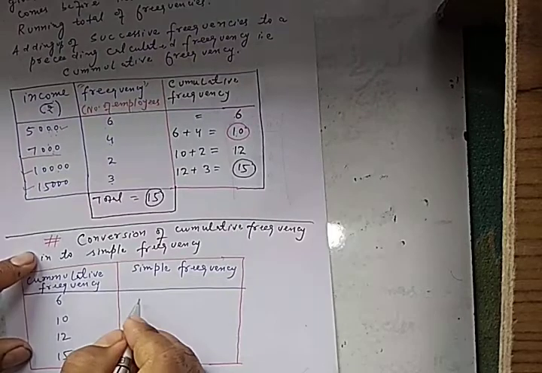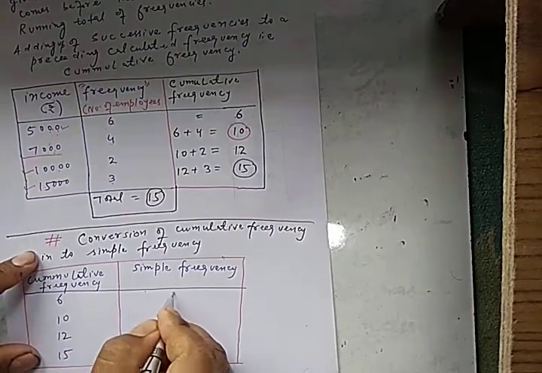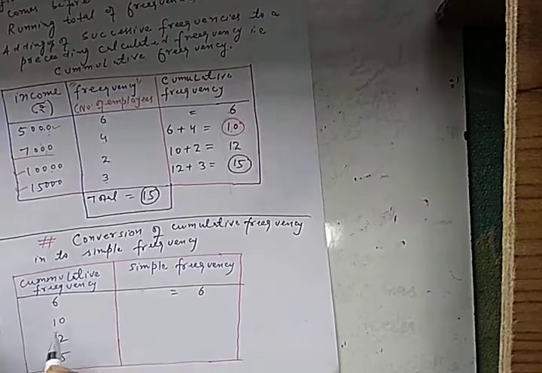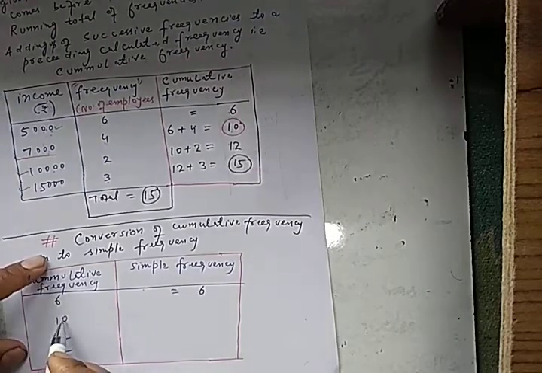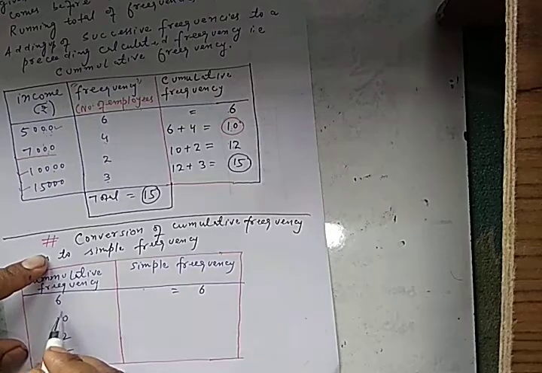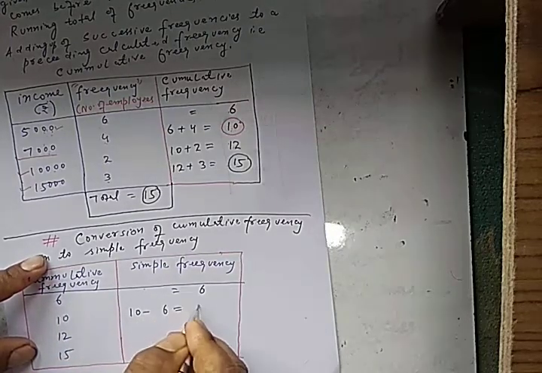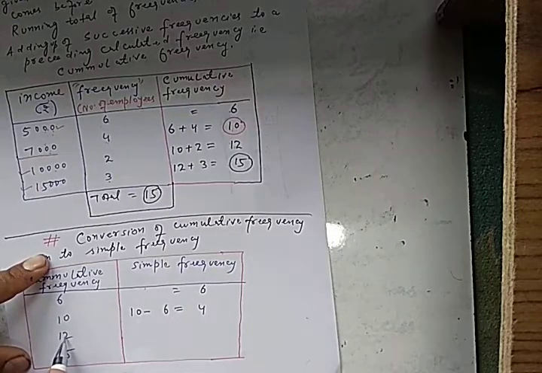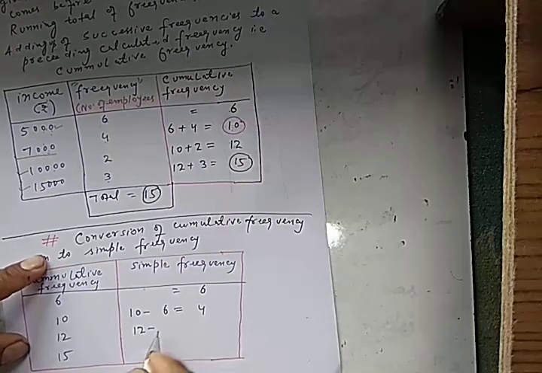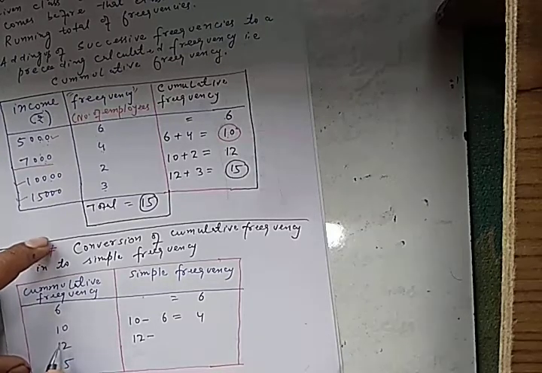The first one will be written the same, 6, and for the second cumulative frequency, the preceding one is to be subtracted from it. 10 minus 6 will be equal to 4, and from this 12, 10 is to be subtracted, meaning the succeeding cumulative frequency is to be subtracted by the preceding cumulative frequency.